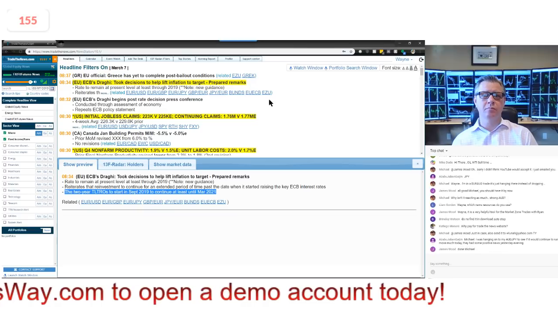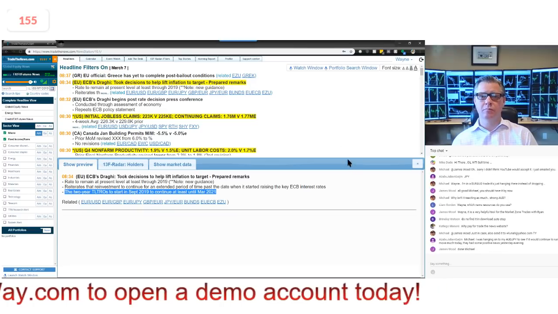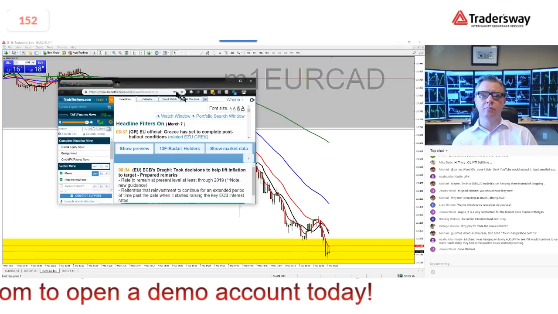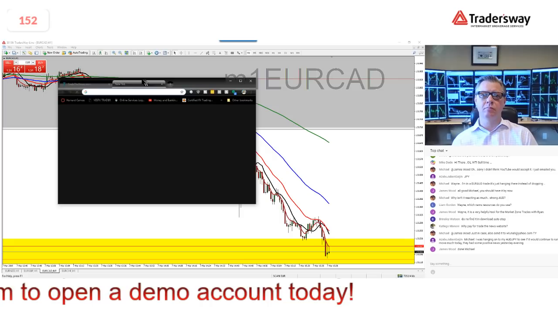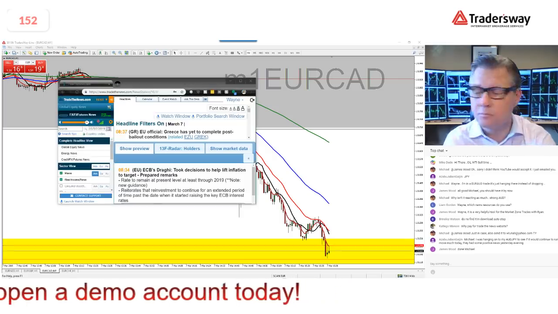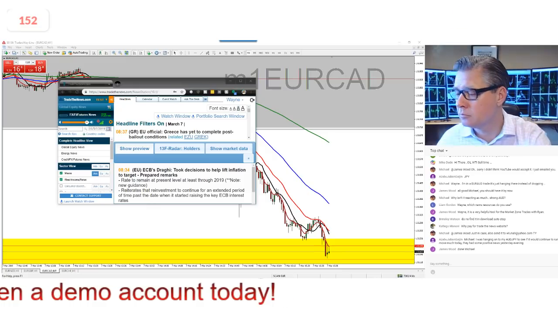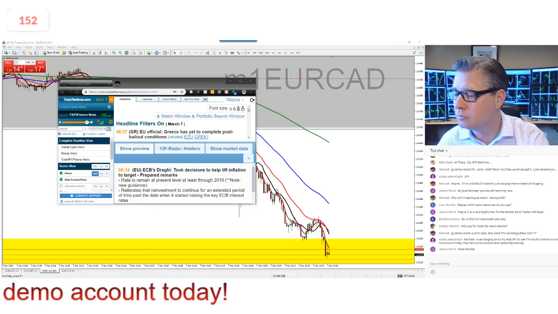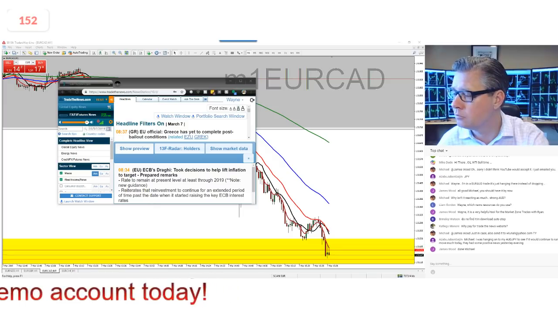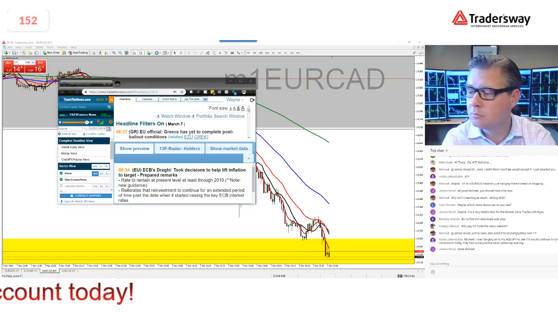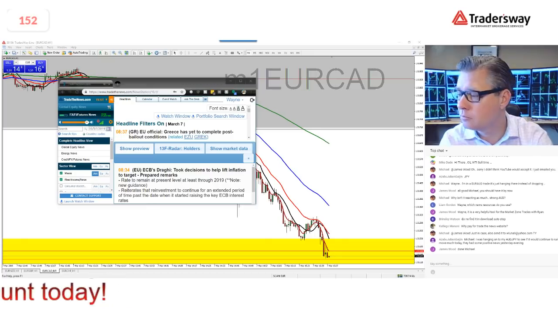Again, Draghi's just talking about they're ready to adjust all instruments here. Again, Draghi just announcing these steps to help lift inflation towards the target.